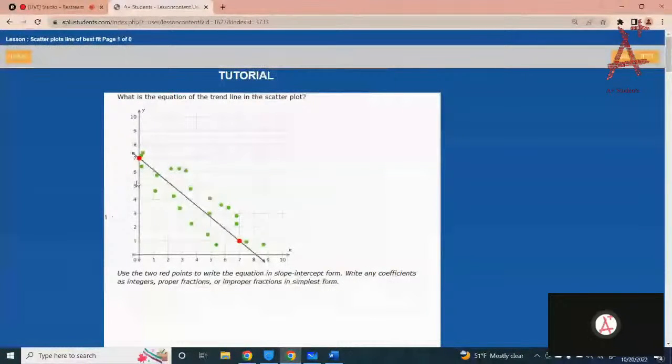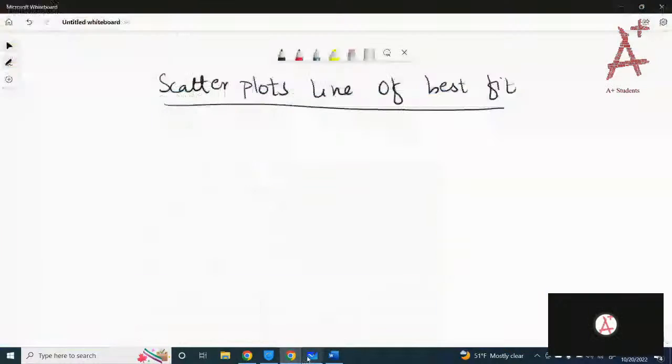Got it? So just look at the coordinates. The coordinates are 7 and 1 for this one, and for this one you have 0 and 7. Let me write down the coordinates on the board. They are (7, 1) and (0, 7).